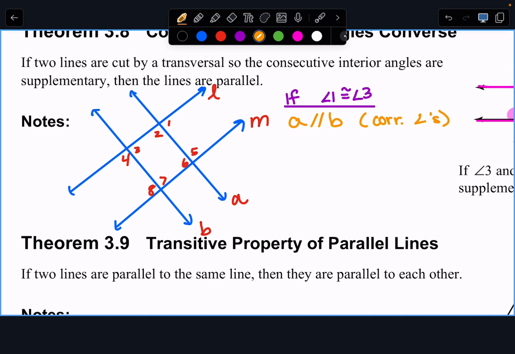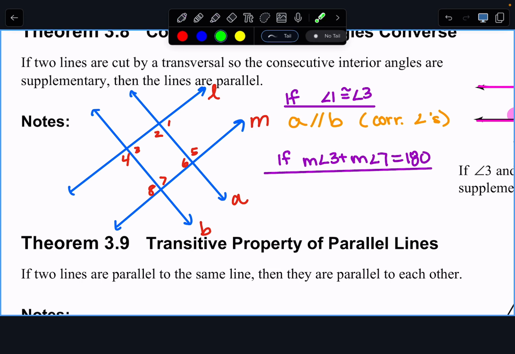Okay. Now, what if I say that the measure of angle 3 plus the measure of angle 7 is 180? Okay. So, here is angle 3 and here's angle 7. Which line is the transversal?